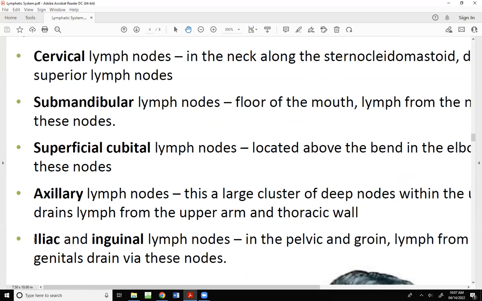By the way, that's ILIAC, not LL. Looks like there's two L's, but it's an I at the beginning. It spells iliac.